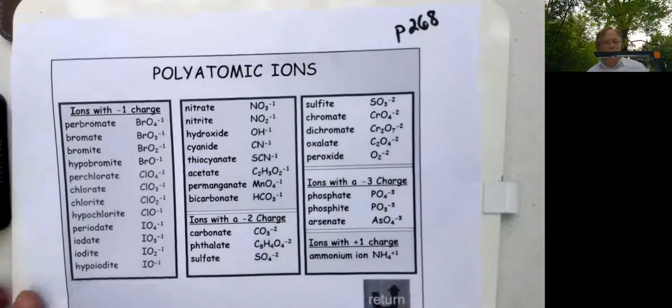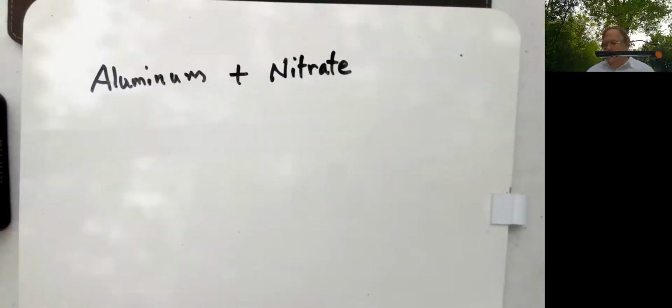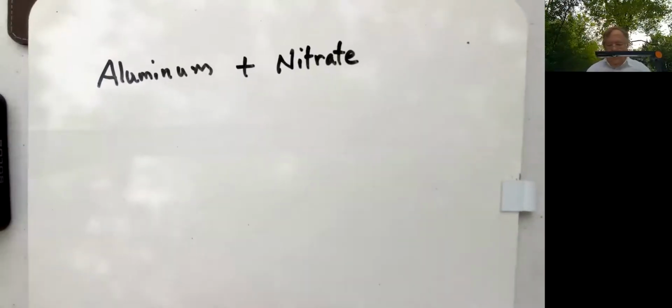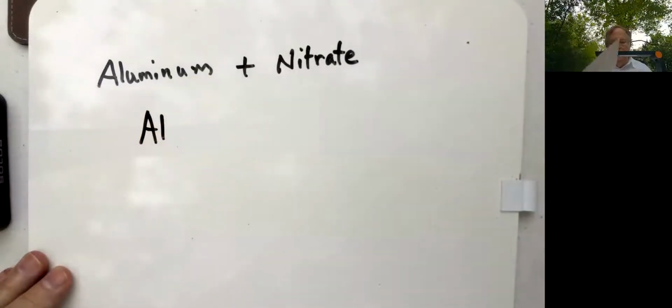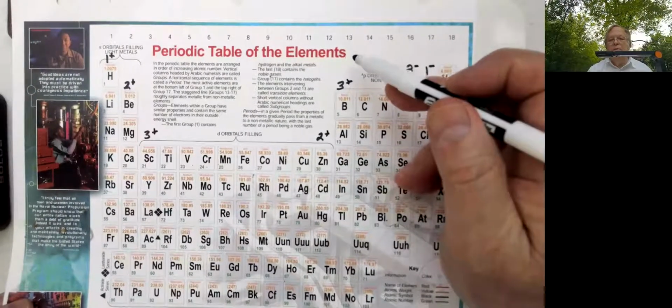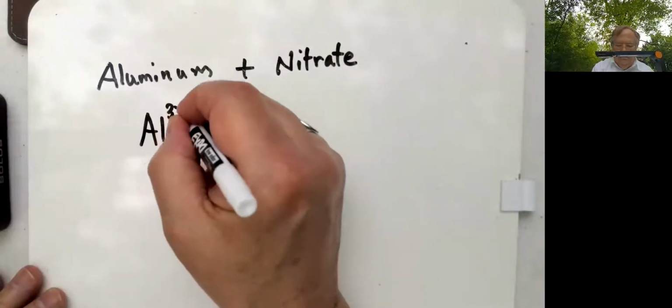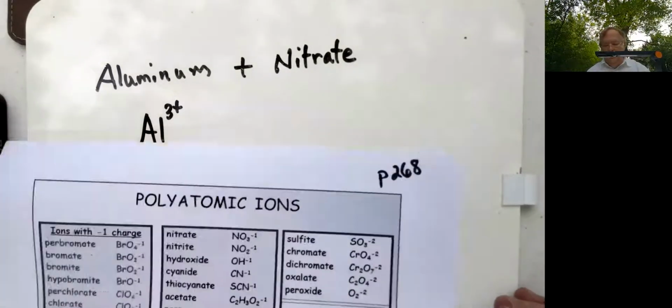So see what you can do with that now, and then you can come back and watch me do it. Pause the video. All right. So aluminum, as we said, is over here, and it's a +3. And then nitrate from my polyatomic ion chart.